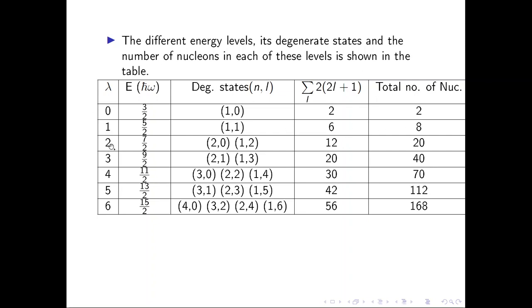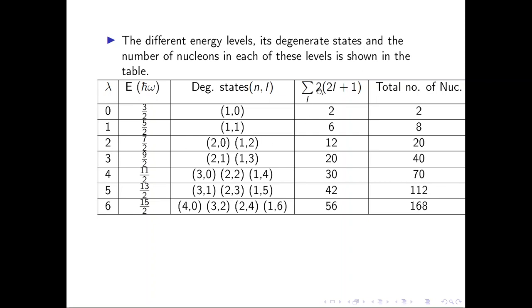Now lambda is equal to 2. For lambda equal to 2, the energy is 7/2 ħω. So what are the degenerate states? Now we have two combinations of n and l which can give lambda equal to 2. n can be 2 and l can be 0, that gives lambda equal to 2. Similarly, n is 1 and l is 2 can give the same value of lambda.